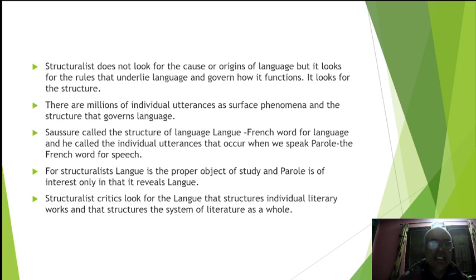So Saussure called the structure of language langue, the French word for language, and he called the individual utterances that occur when we speak parole, the French word for speech. So any text, any literary book an author has written, is parole. They are individual speech. There are billions of texts and utterances, and all this parole, or individual speech, can be developed out of the language system.